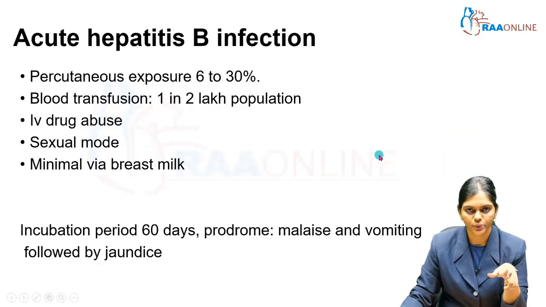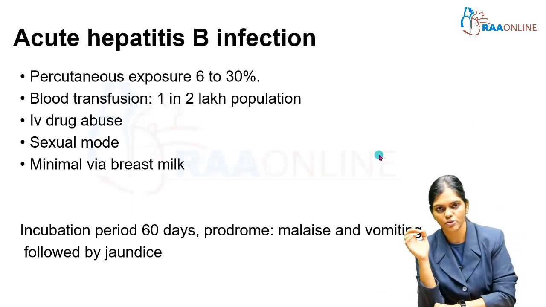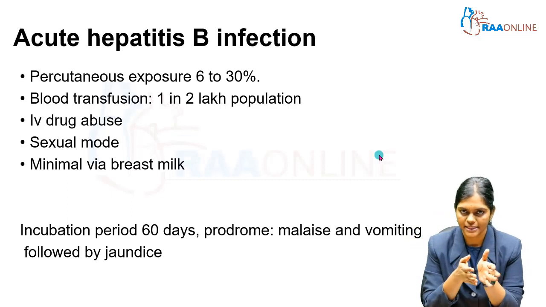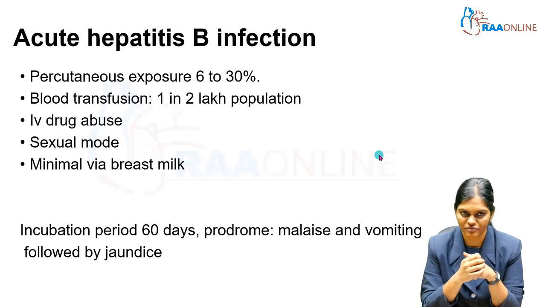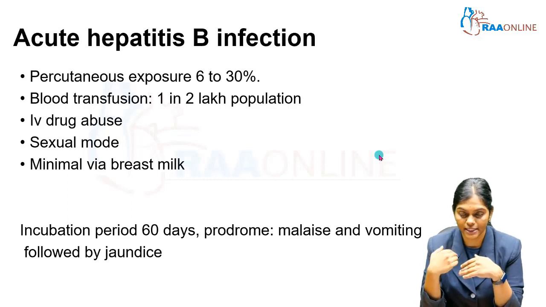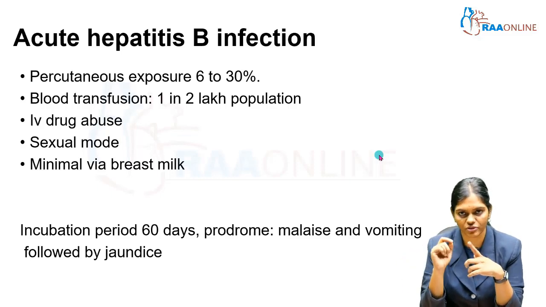So in acute hepatitis B infection, after a percutaneous exposure, we have 5 to 30% chances of contracting a hepatitis B infection, which is 1000 times more than HIV and 100 times more than HCV infection. So getting a hepatitis B infection is far more common than getting an HIV infection after a prick.